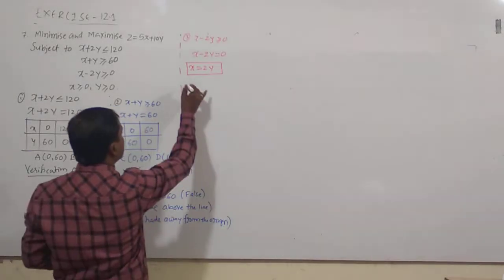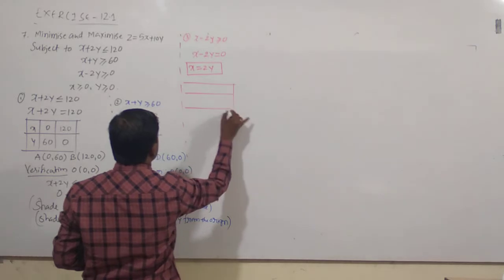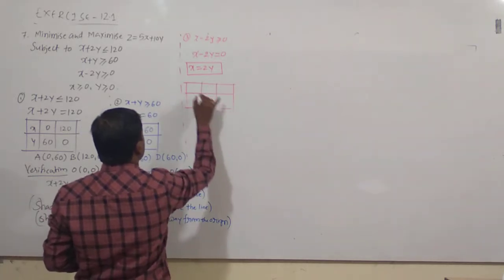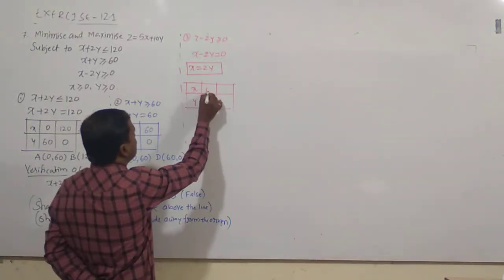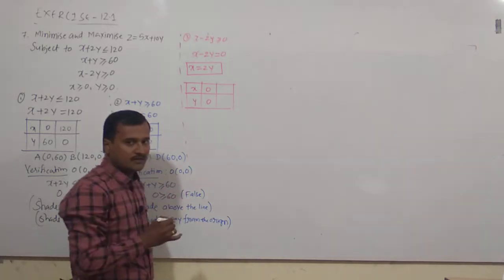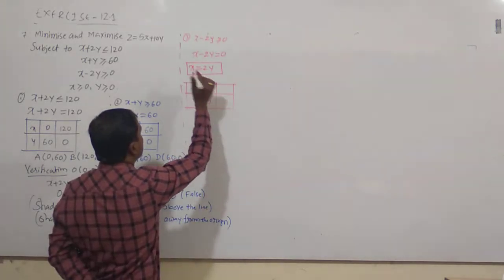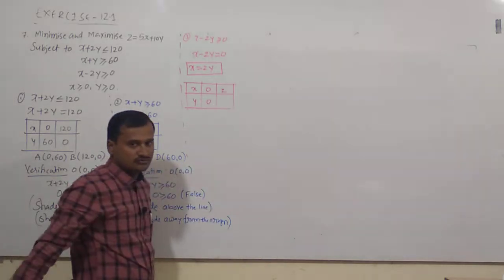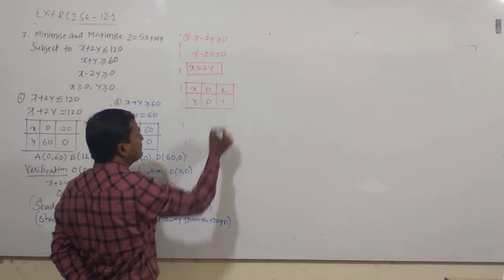Here I will replace the values of x and y. I will substitute x equal to 0. What is the value of y? Clearly it is also 0. Now I will take the value of x equal to 2. What is the value of y? The 2 and 2 will get cancelled, so y is 1.